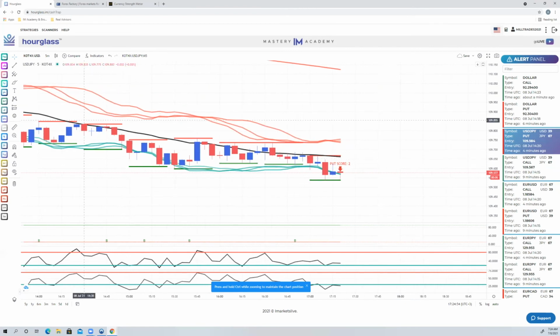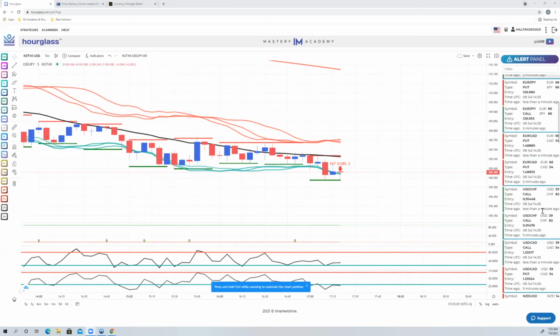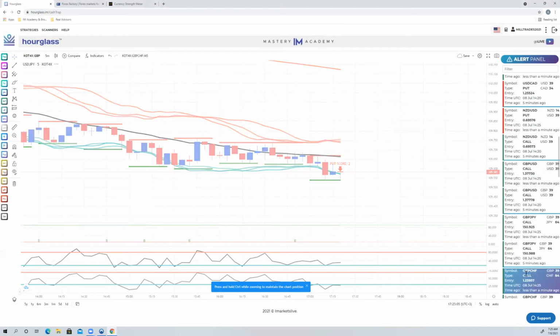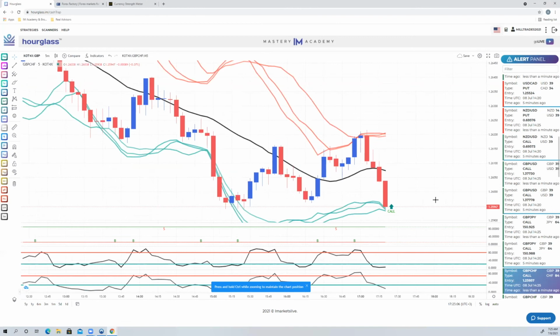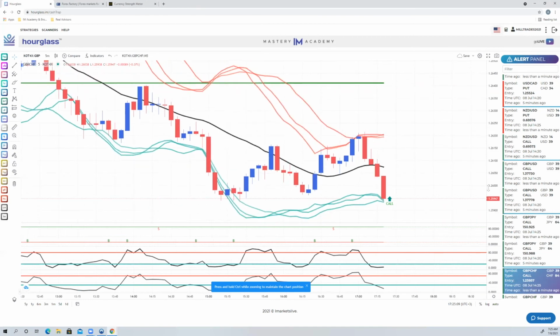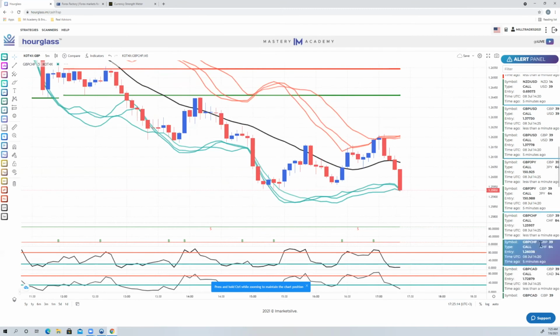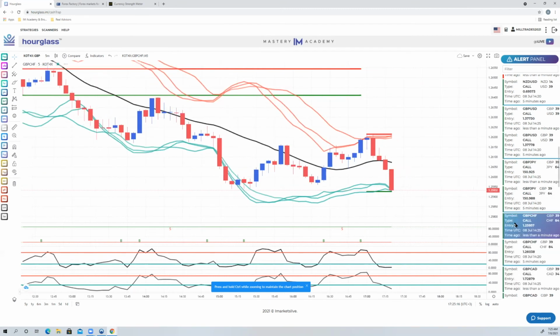USD JPY. I kind of like USD JPY. Or let me see, GBP CHF. It's not loading my, oh, there's the support.